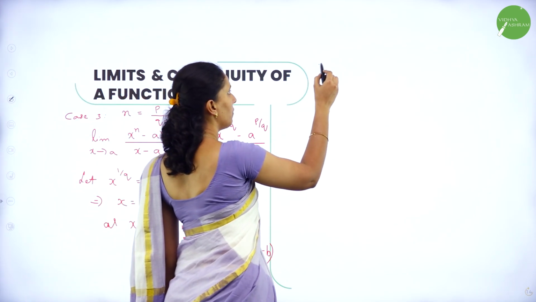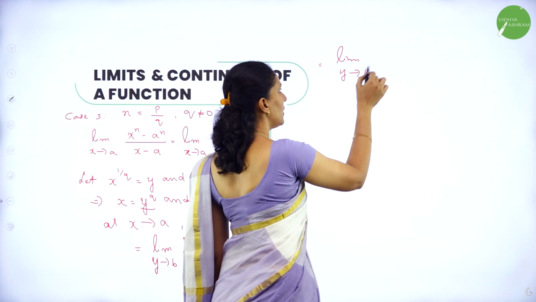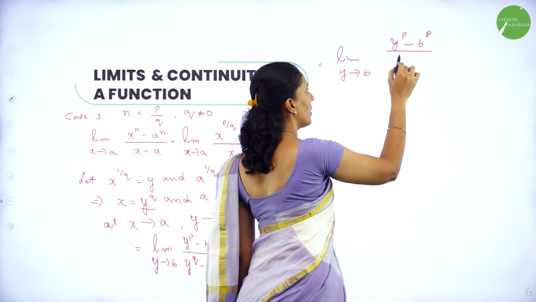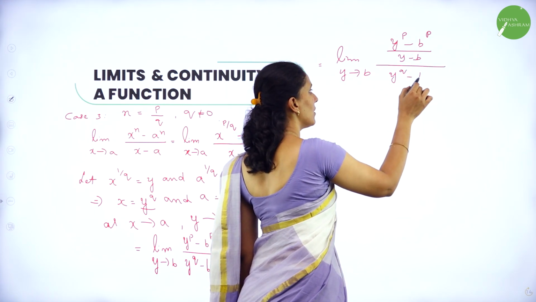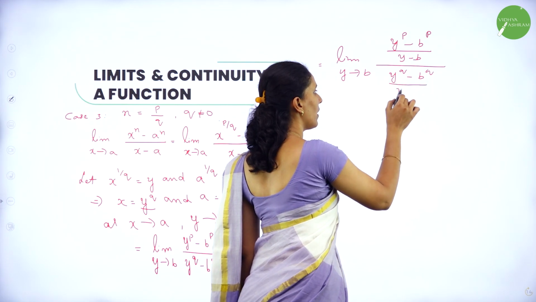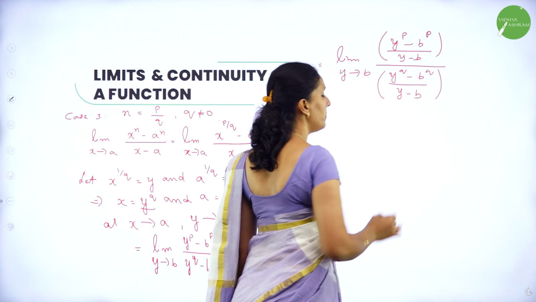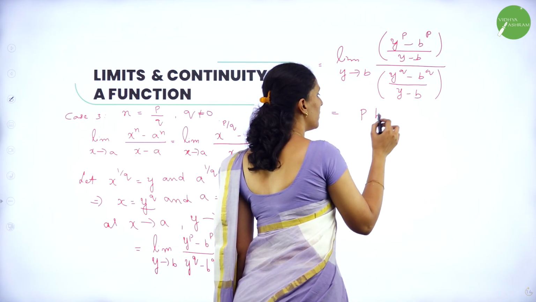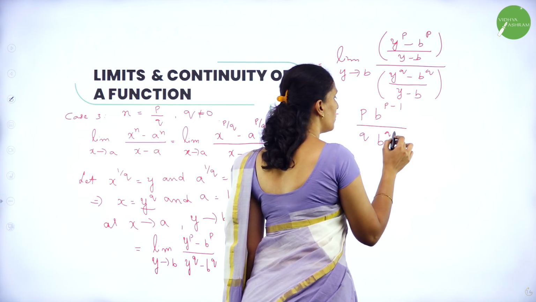Then what happens? We will get limit as y tends to b, y to the power p minus b to the power p divided by y minus b, over y to the power q minus b to the power q divided by y minus b. Now we will get the standard limit form. So we can write this as p b to the power p minus 1 over q b to the power q minus 1.